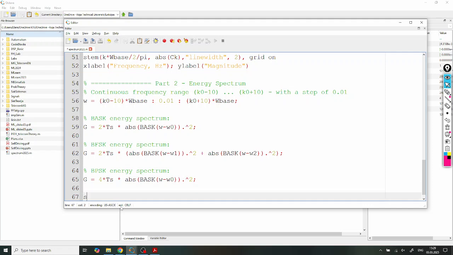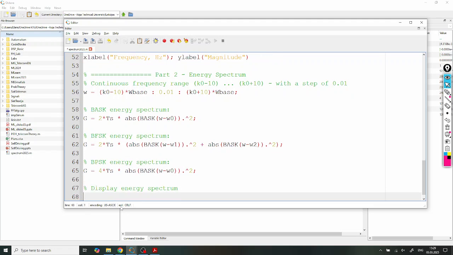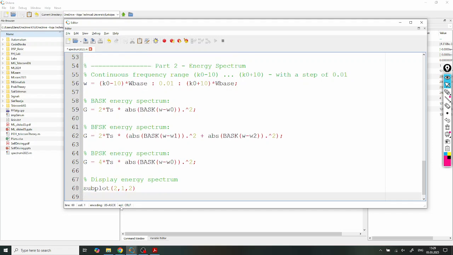So now we display the energy spectrum with a subplot 212, and accordingly now we speak about the continuous process. So we use not stem but plot.